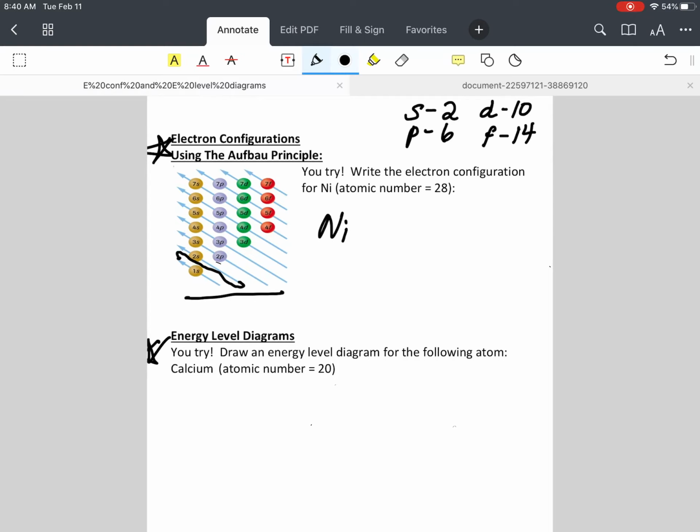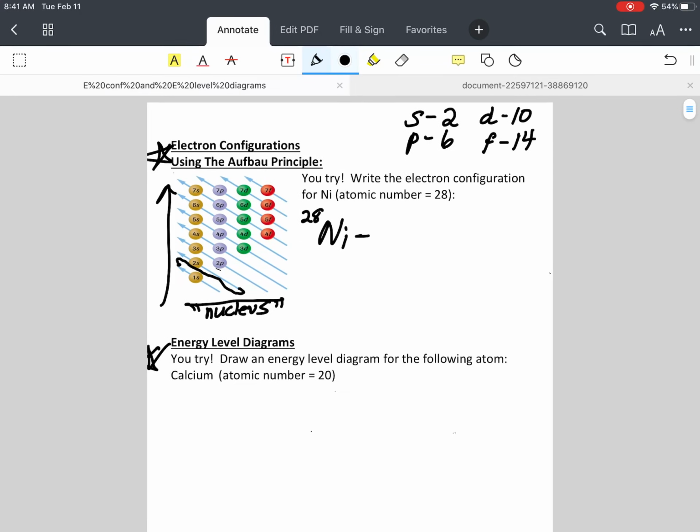We'll do nickel first. Nickel with 28 electrons. So we're going to start at 1s, and we're going to imagine, even if this was sort of a representation of the atom, that this would be where the nucleus is located, and then we're moving away from the nucleus. Okay, so we need to fill each of the orbitals first before we move on to the next one.